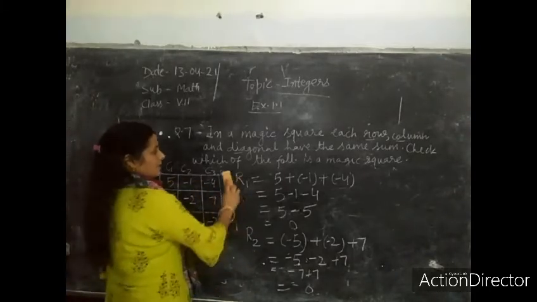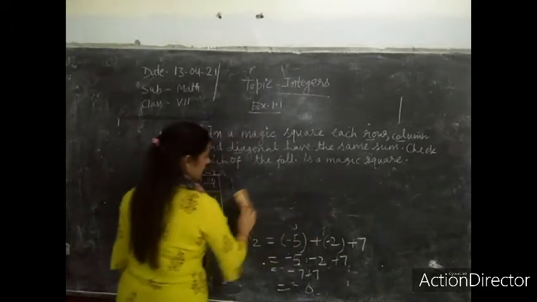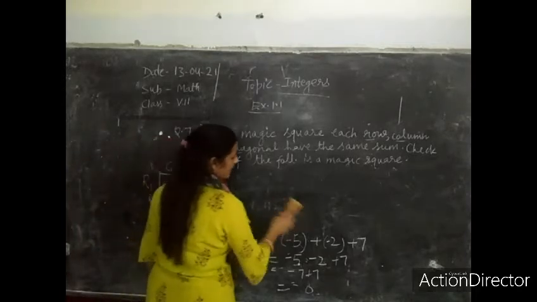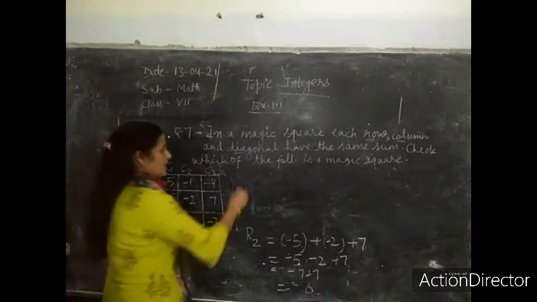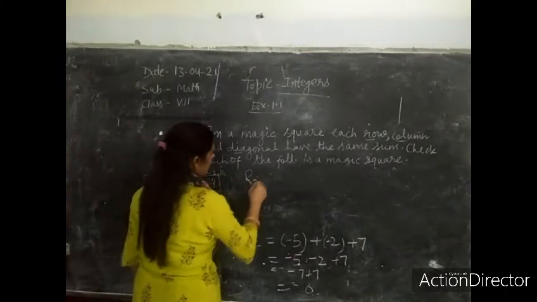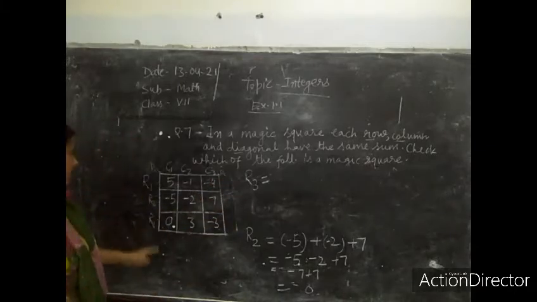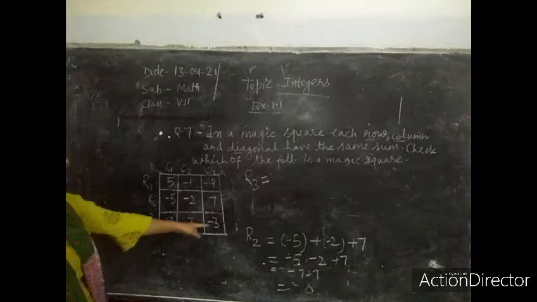I hope you all are understanding. If you find any difficulty anywhere, we can discuss it in our Zoom session. Okay. Now I will check the same process on R3. R3 has 0, 3, minus 3.